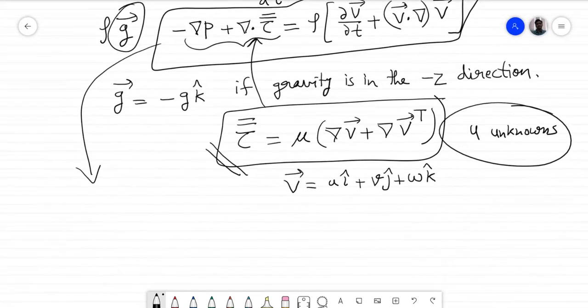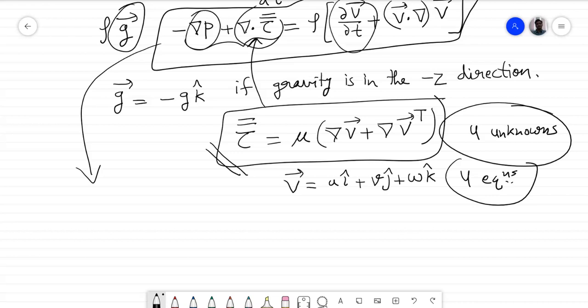So there are 3 momentum equations, and one more equation we have already, which is the continuity equation. So there are 4 equations and 4 unknowns, and this is a solvable system. This is a well-defined system of equations. What we need is the boundary conditions and initial conditions, because there are derivatives in time and derivatives in space, and so on.